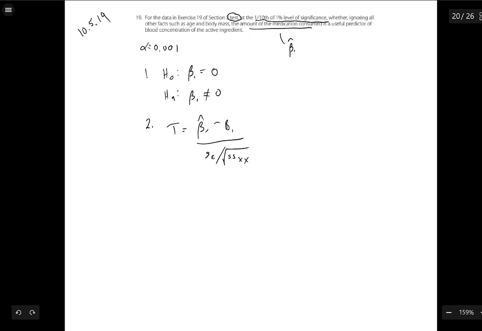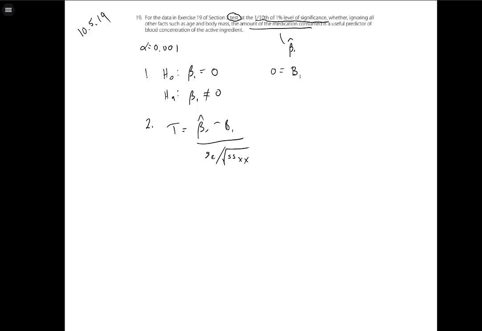Okay, so here we're looking at whether it's going to be significant at all. So our beta 1 0 is going to equal 0 because we're looking at just anything being different, not whether it's more or less than a particular level.